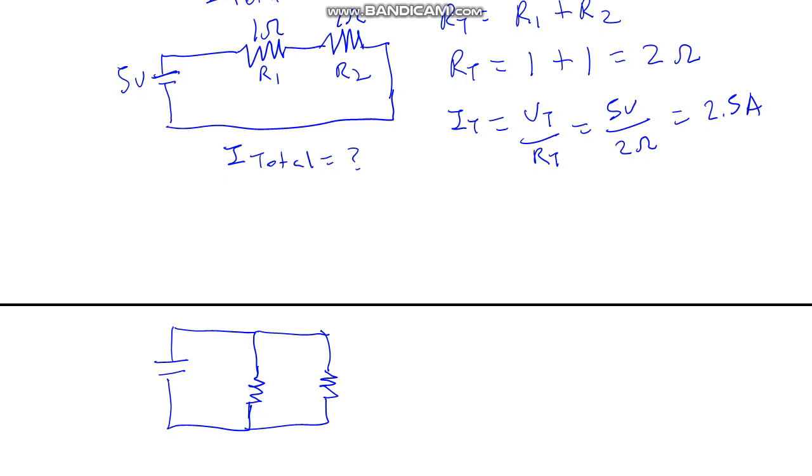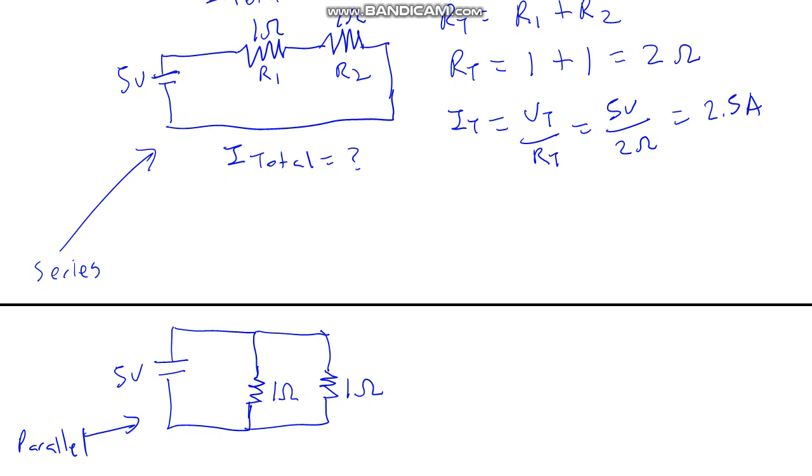Let's say this is 1 ohm, and this is 1 ohm, and let's say this is 5 volts. So up here we did a series circuit, and down here the resistors are parallel to each other. So this is what we call a parallel circuit.